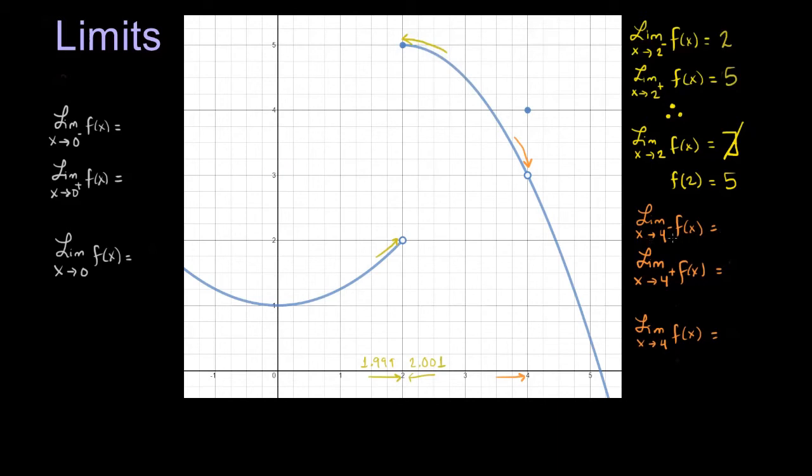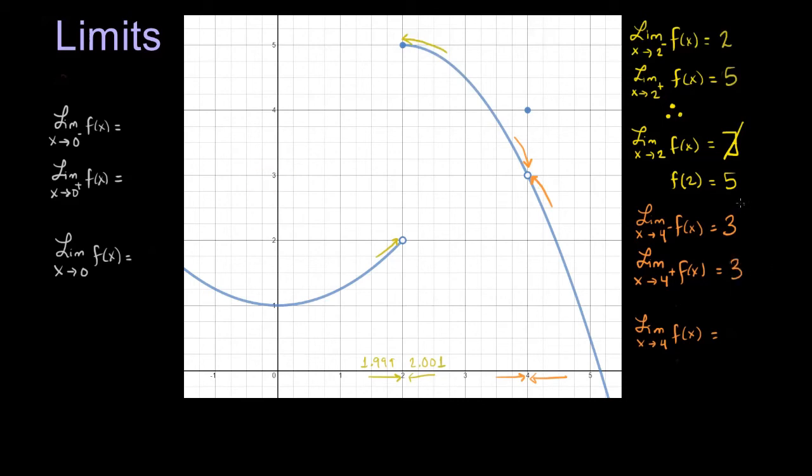So the limit as x approaches 4 from the left is the number 3. Now, I'm going to proceed with this question. What's the limit when x approaches 4 from the right? For the right, we take the values of 4 from the right. We'll get from here to here, which is actually, again, the number 3.